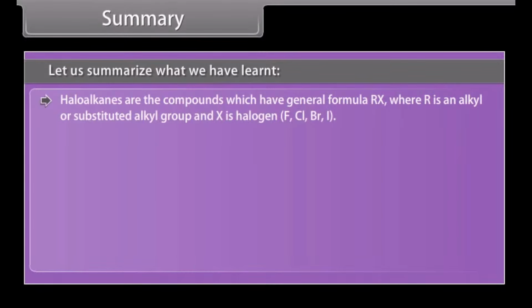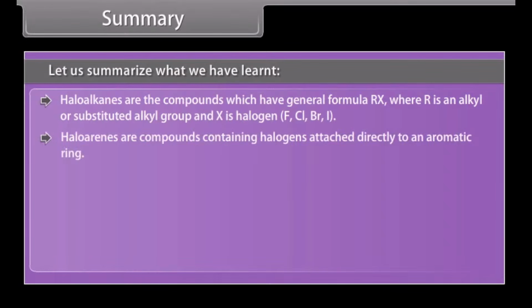Haloalkanes are compounds which have the general formula RX, where R is an alkyl or substituted alkyl group and X is a halogen: F, Cl, Br or I. Haloarenes are compounds containing halogens attached directly to an aromatic ring.